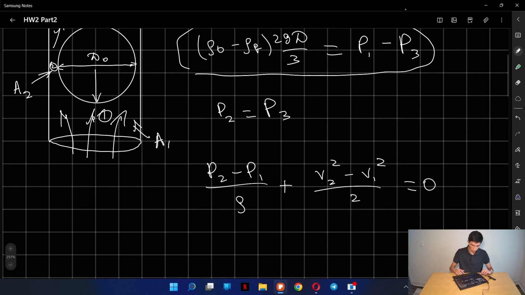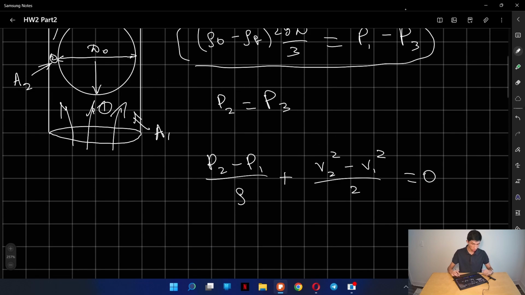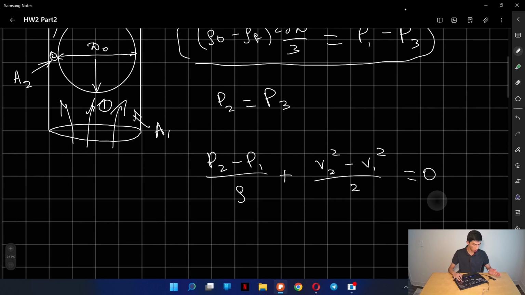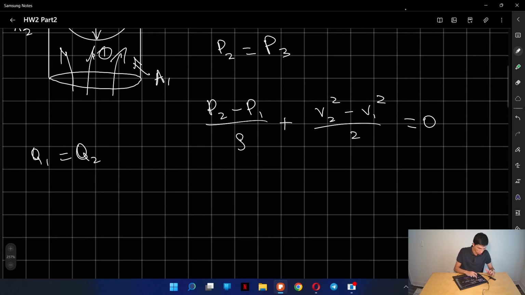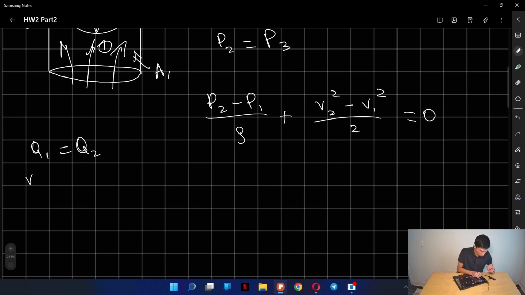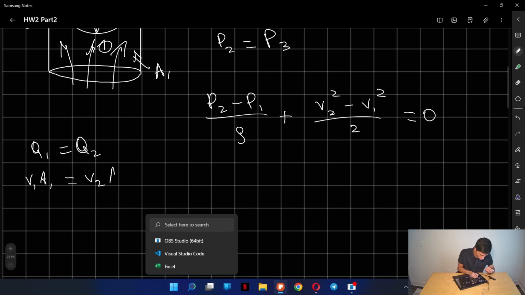And as I said before, we know that in a rotameter, the flow rates should be equal to each other, right? So the flow rate at 1 should be equal to the flow rate at 2, which means the velocity at point 1 times the cross-sectional area at point 1 should be equal to the velocity at point 2 times the cross-sectional area at point 2, right?